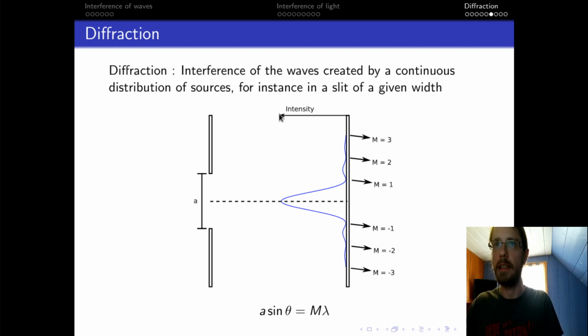Again, I put the axis going towards the left, and this is the curve we get on a screen. The more we have a point to the left, it means that the intensity is greater. We have a brighter fringe on the screen, and we have some other bright fringes, but not as bright. And some places where the intensity drops to 0, we have a dark fringe.